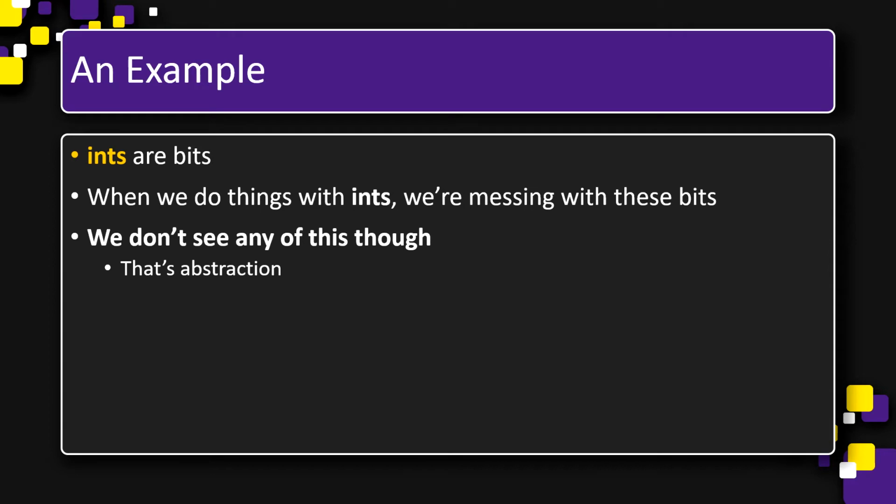This is us abstracting out the underlying bit layer to something that we're more familiar with, which is an integer. It's something that we see in everyday life, something that we're familiar with from our high school math courses. It's just a number. Whereas if we were to actually work with the bits directly, it'd be a lot harder for us to complete simple mathematical equations.